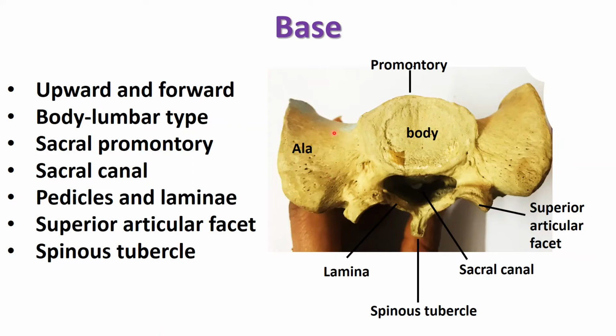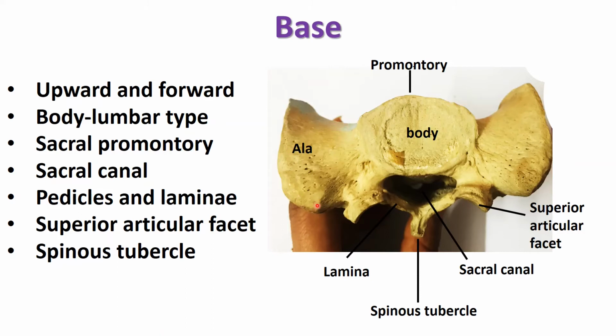Transverse processes of the sacrum are highly modified, and each process is massive and formed by the union of the costal element and transverse process. So the anterior part is the costal element and the posterior part is the transverse process.